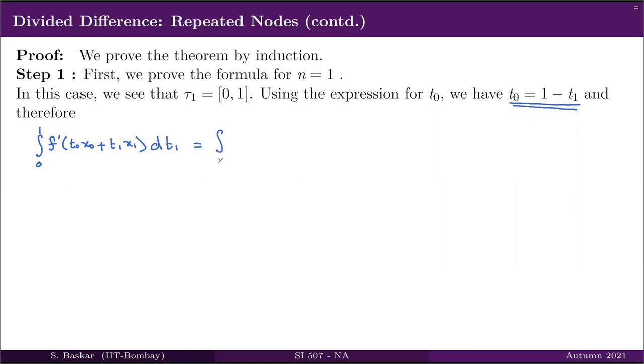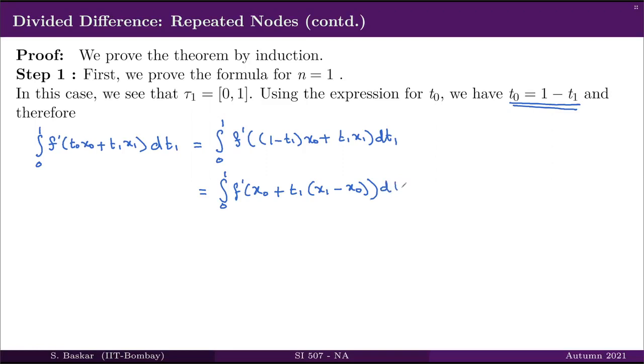And that gives the integral from 0 to 1 of f dash of (1 minus t1) x0 plus t1 x1 dt1, and that is equal to the integral from 0 to 1 of f dash of x0 plus t1 into (x1 minus x0) dt1. Now you see, we will integrate this with respect to t1.